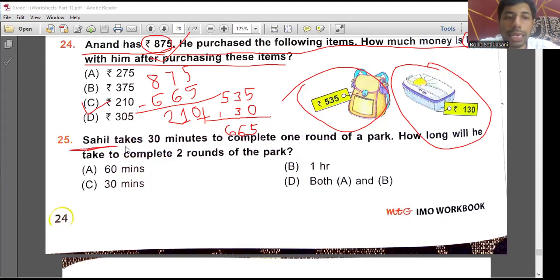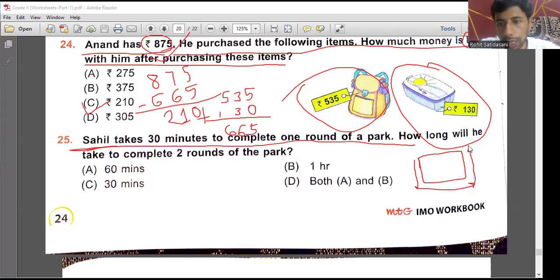Next, Sahil takes 30 minutes to complete one round of a park. This is a park, and Sahil starts from here. So he goes this way, this way, this way, and this way. So he can complete one round of the park in 30 minutes.